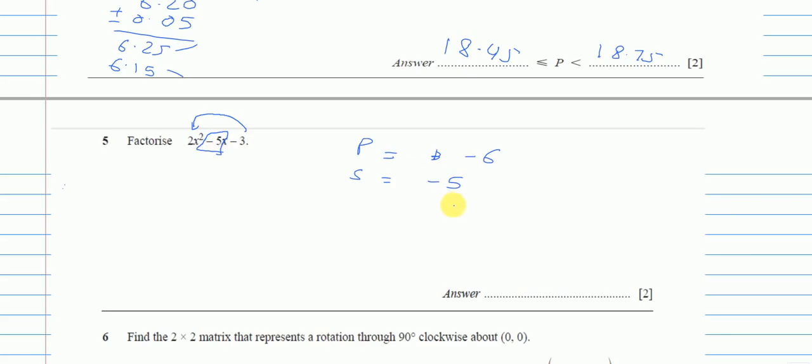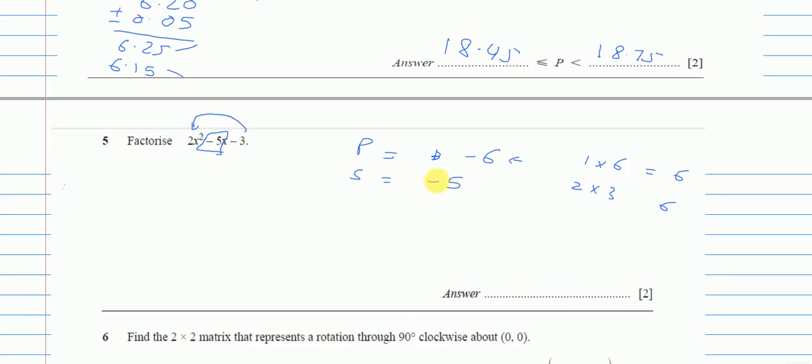So the two numbers that could give us 6 can be 1 times 6, or it could be 2 times 3, isn't it? Both of them will give me 6 if I multiply, but I want negative 6. And because the sum here is negative, it means the larger number has to be negative.